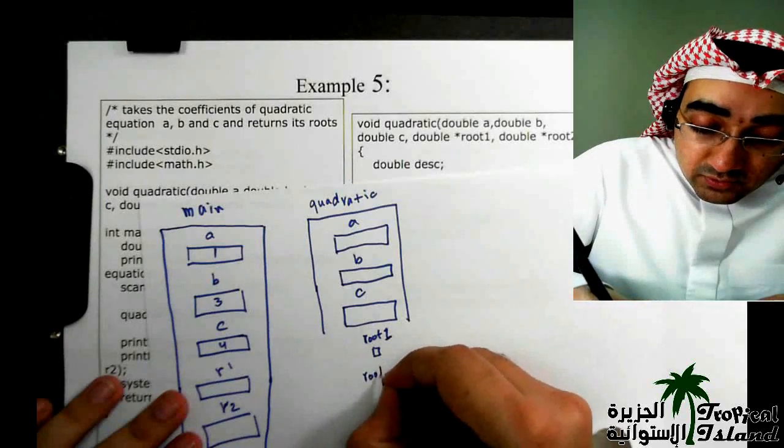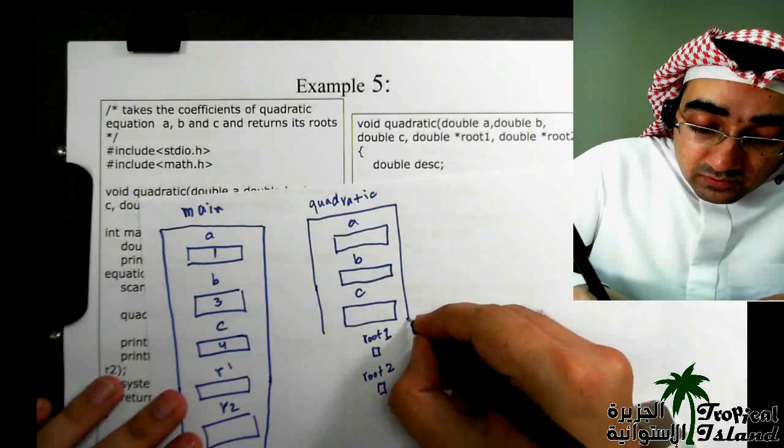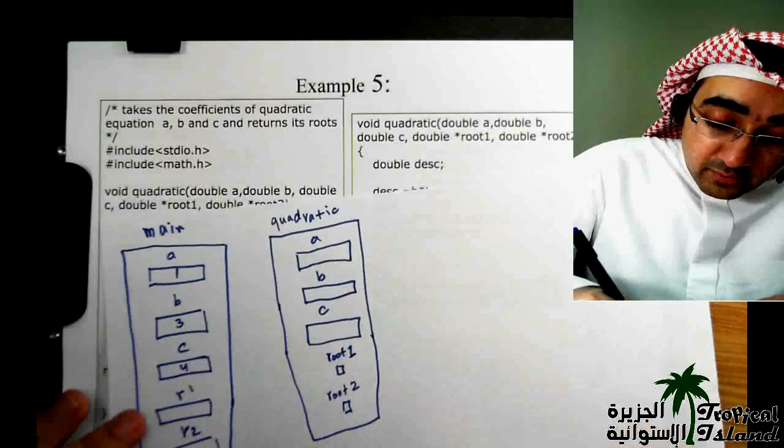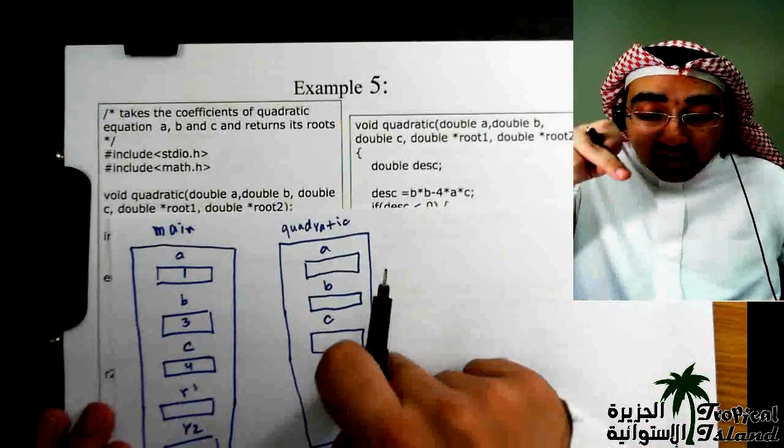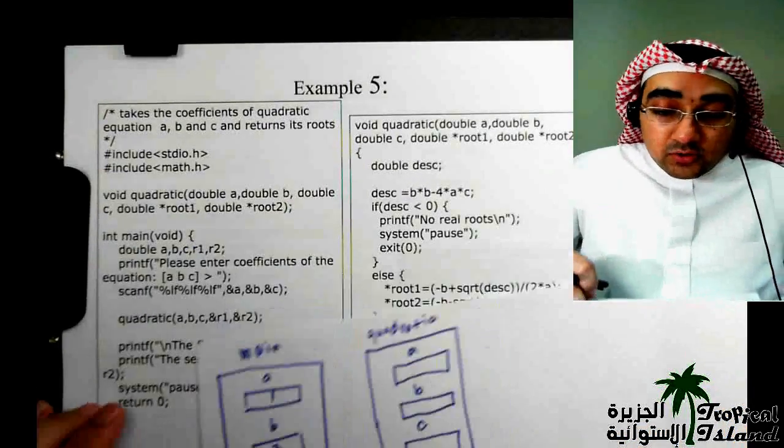Then it has root 2, so there are 2 roots, and these are small variables, so you won't write the value here, you will actually use it as a pointer variable.